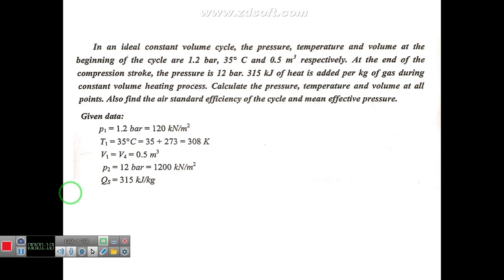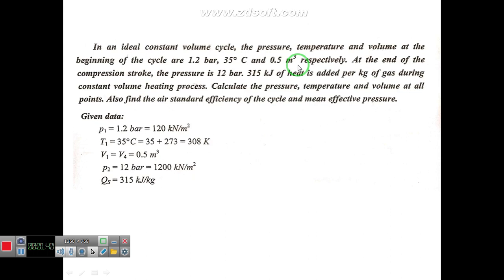Then at the end of the compression stroke the pressure is 12 bar. End of the compression stroke means P2.